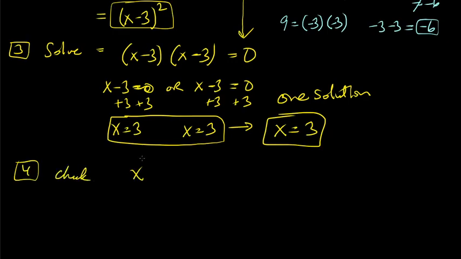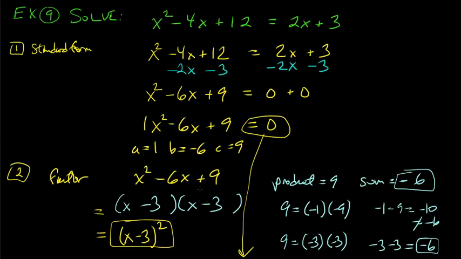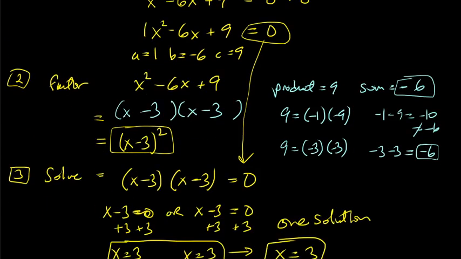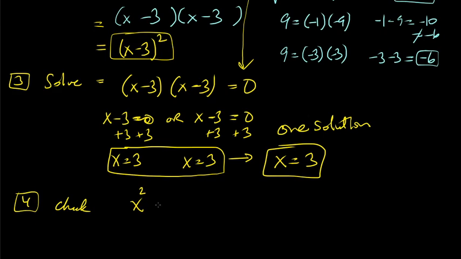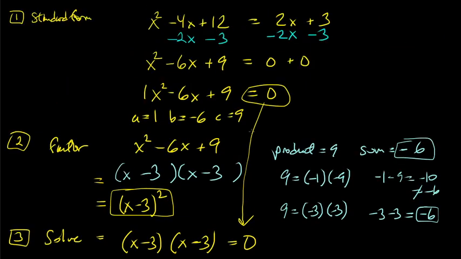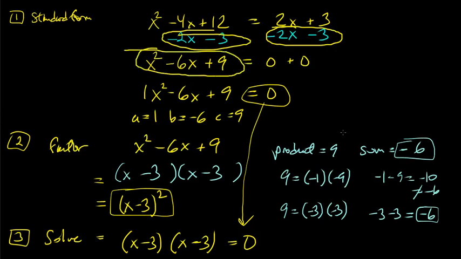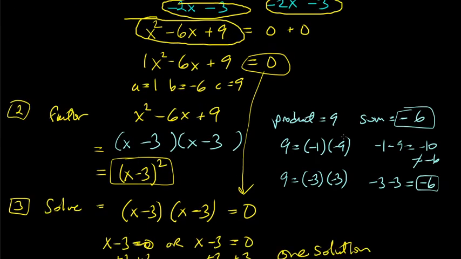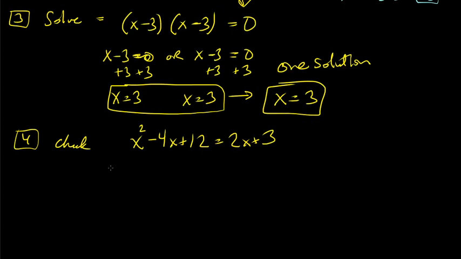So the original equation was x squared minus 4x plus 12 equals 2x plus 3. Now, if you're certain that you did the subtracting right here, then you can check this equation too. It probably would be easier, because ultimately it's the same equation.